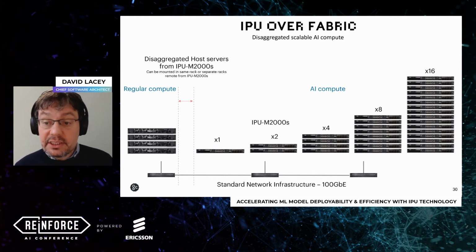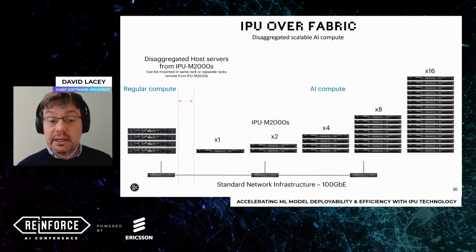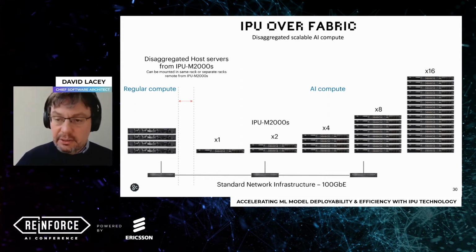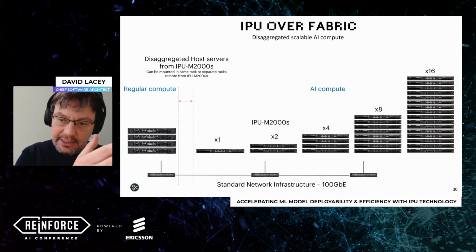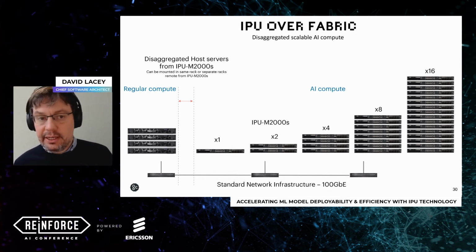So what we do instead is separate that over Ethernet. The IPU gateways connect over your standard data center Ethernet to the host servers. And that can be 100 gigabit Ethernet or InfiniBand or whatever your standard data center is. And that allows us to do disaggregation, to separate the host, the regular compute, from the IPUs doing the AI compute.